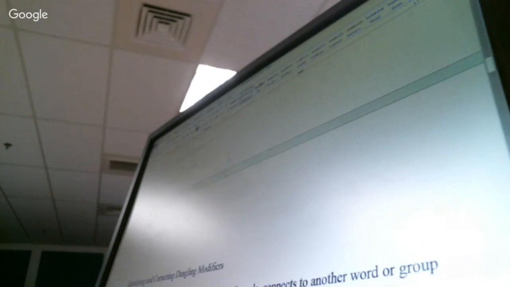Commas, semicolons, and colons. You got to know how to use those. And that should be it. So primary errors, secondary errors, and rules of punctuation. So commas, semicolons, colons.